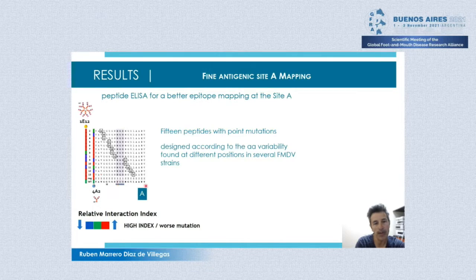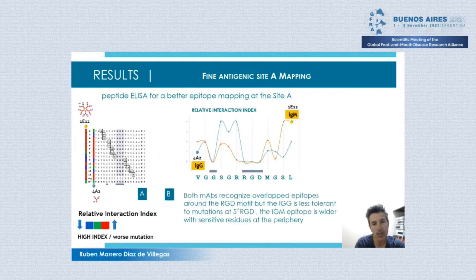Here's our wild type in green, and here is the RGD motif and the single point mutants. The colors mean the relative interaction index, where red means a higher index or a worse mutation.